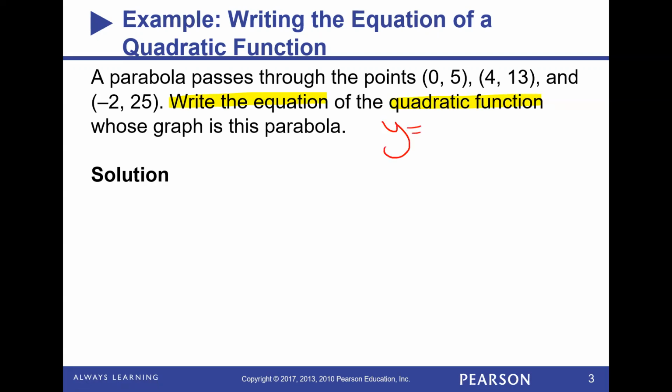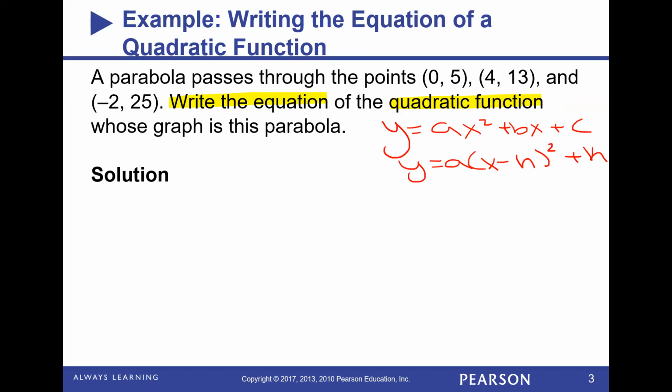So we have y equals ax squared plus bx plus c. And our other one is y equals a times the quantity x minus h squared plus k. Now, nowhere in this problem did it talk about the fact that I have a vertex.